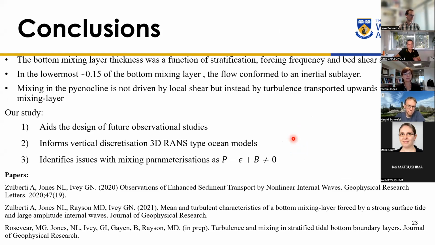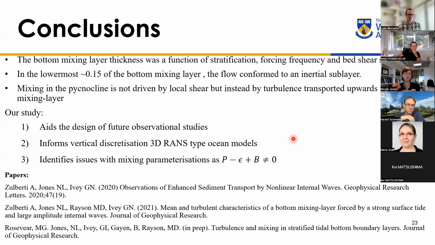We found that the inertial sublayer, so that log layer, is confined to about 15% of the height of the total bottom mixing layer. So it's a relatively small portion of that overall bottom boundary layer.